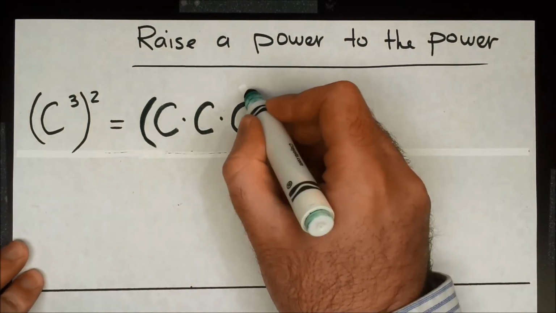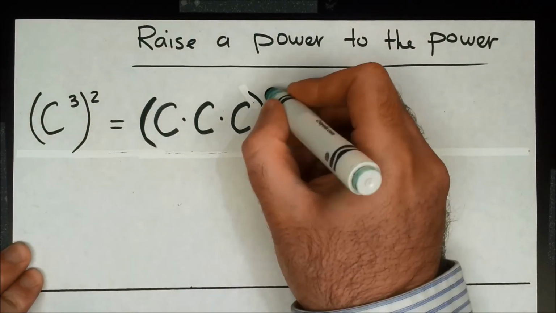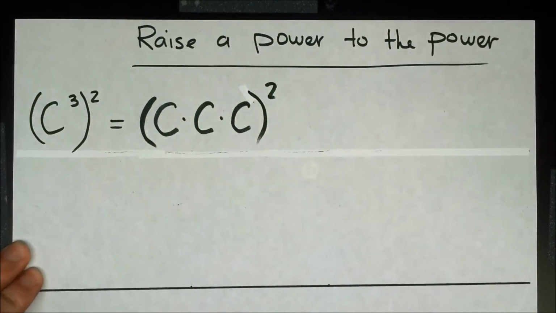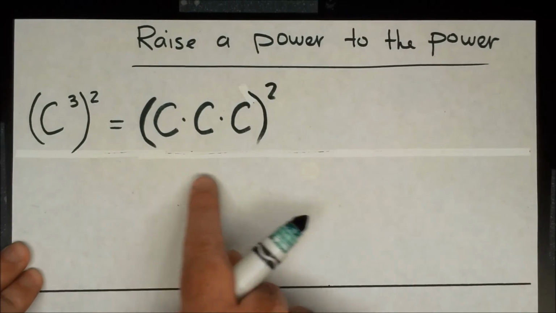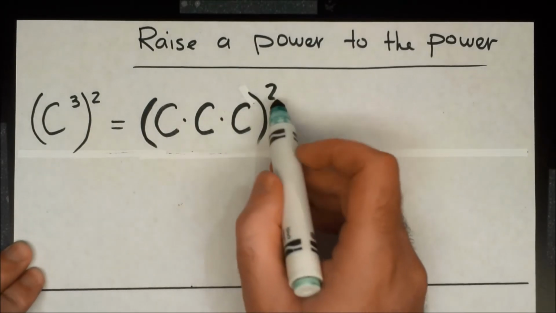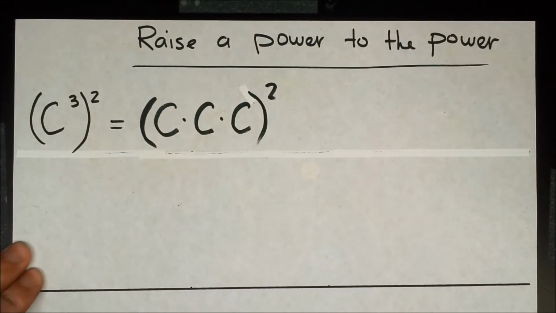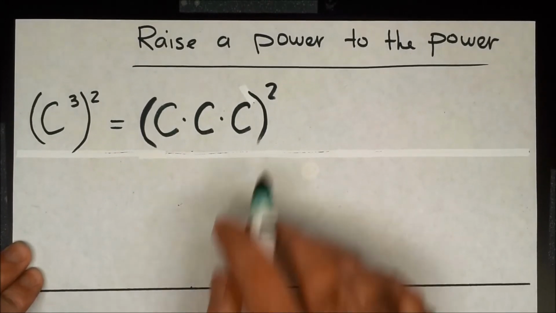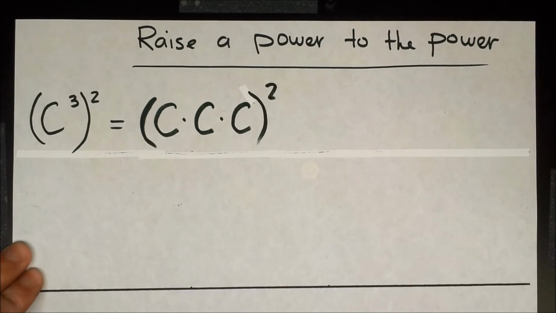And we still have this being taken to the second power itself. So imagine that this is just any base, any regular base. What does the exponent tell you to do with this base? Well, doesn't it tell you to take the base and multiply it against itself twice?